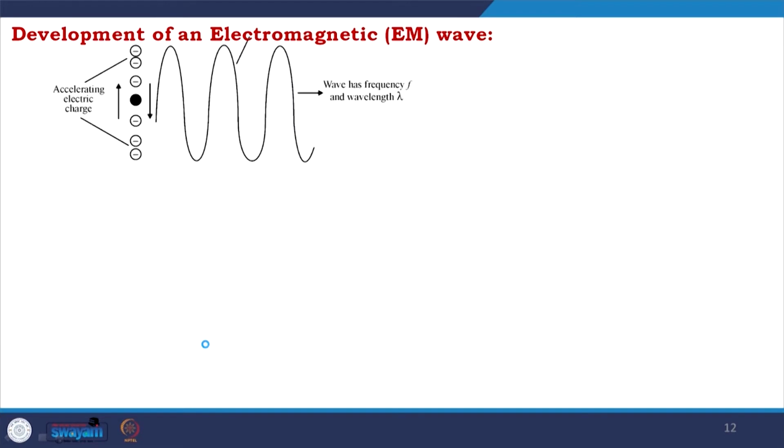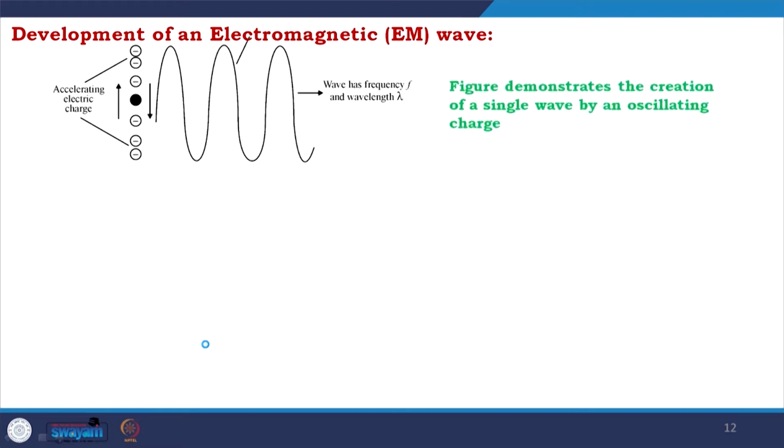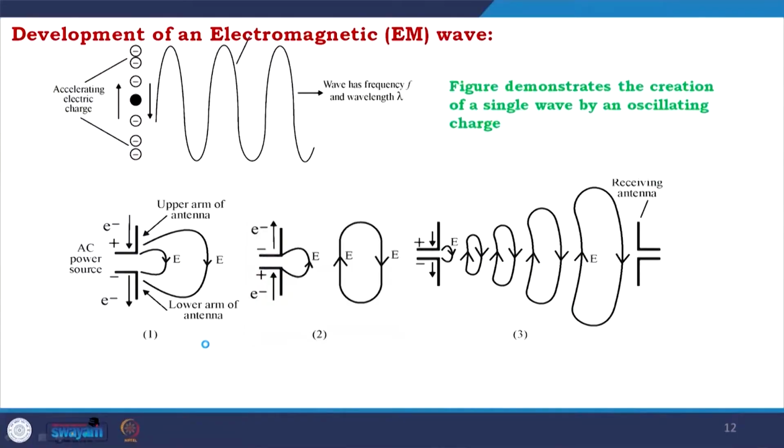So, if you see, this is a system where the electric charge is accelerated and a wave is produced with a frequency f and wavelength lambda. This figure demonstrates the creation of a single wave by an oscillating charge, and then how you use it for an experiment. There is a set 3-stage formation.